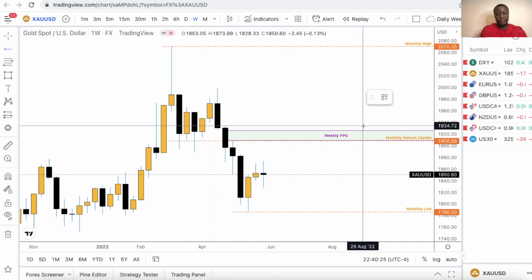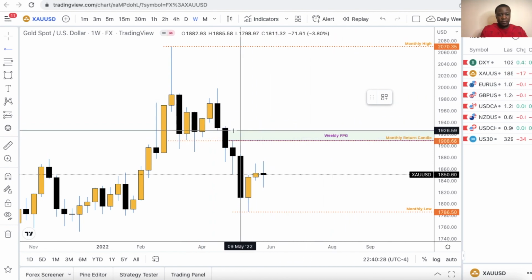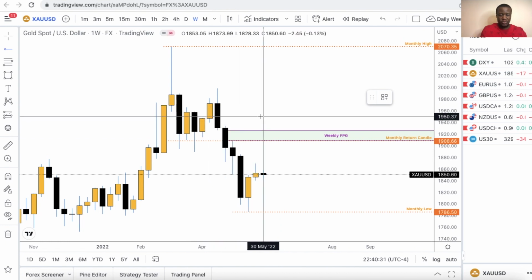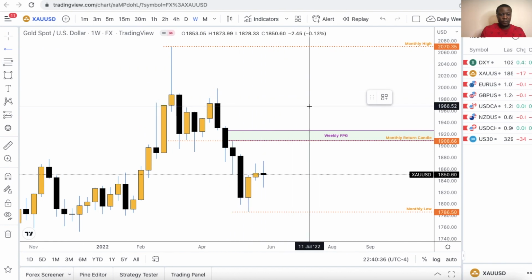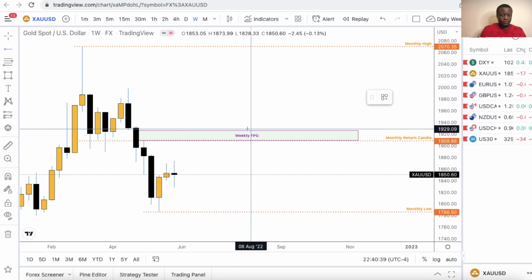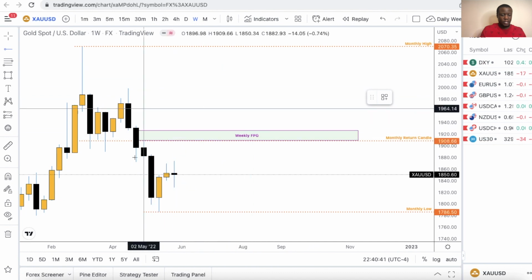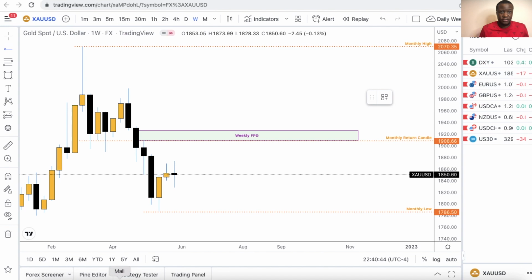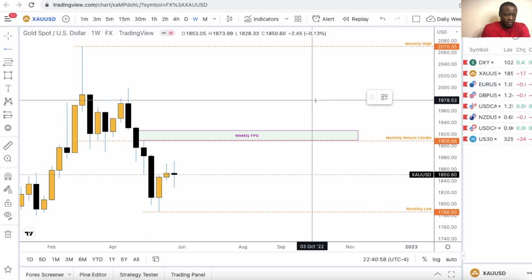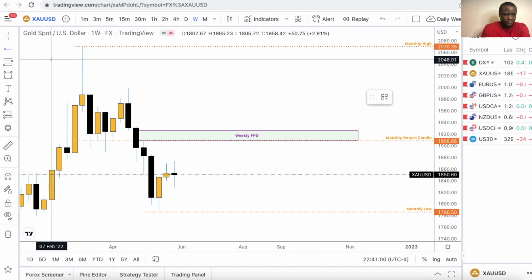Since we have the weekly forever paid gap, I won't put it there because I just want to keep my charts nice and clean. We do have that level there. So I'll either take a mental note of it or write it down somewhere, or I'm constantly looking at the chart so I'll obviously see it. But for you, you might want to write it down or layer it down on this as well. But I'm not going to do that right now. And then we have this weekly high right here.